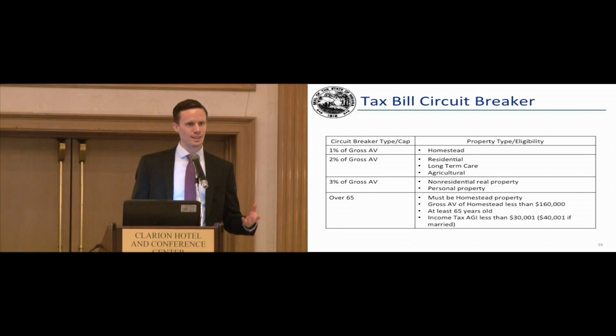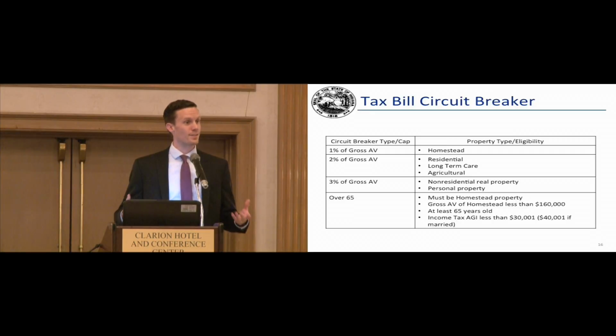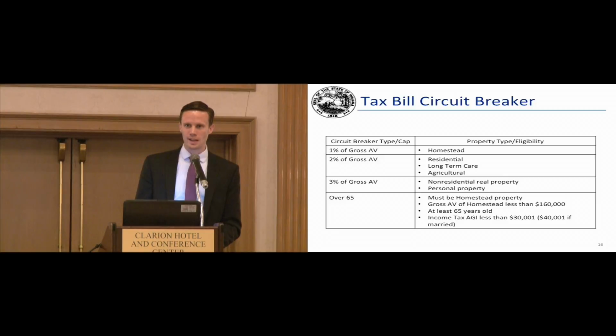We've got an age circumstance, but one of the really interesting things that we find is in taxing districts that don't have bucket circuit breakers, they don't have 1%, 2%, 3% circuit breakers, they'll often still have the over 65 amount. Or we'll see cases where a taxing unit didn't expect to see any circuit breaker impact, and they see something that tends to be relatively small compared to the bucket amounts. It's often due to the over 65 circuit breaker. So that's the one that kind of gets lost in the mix from time to time.